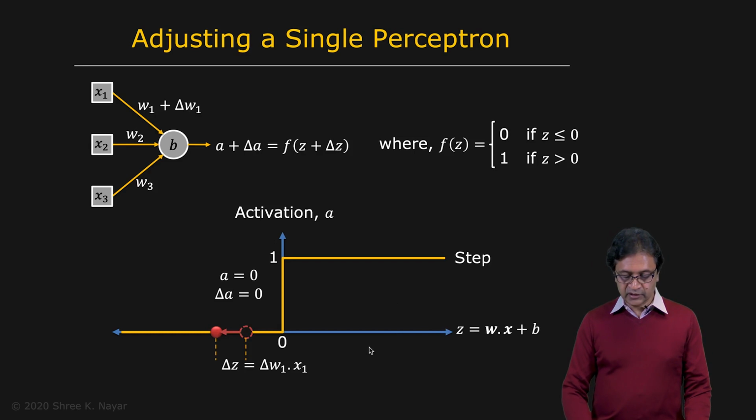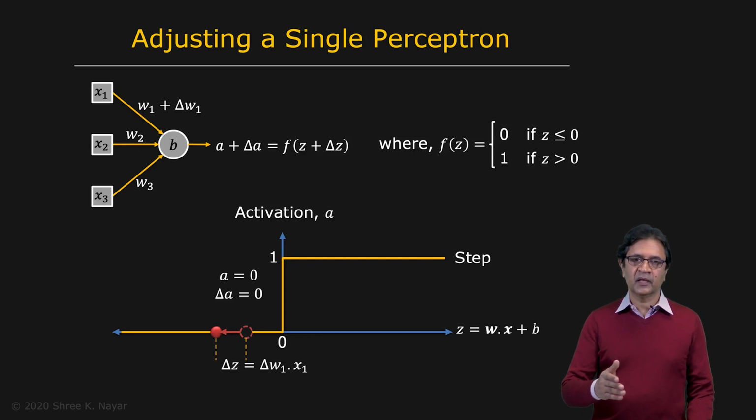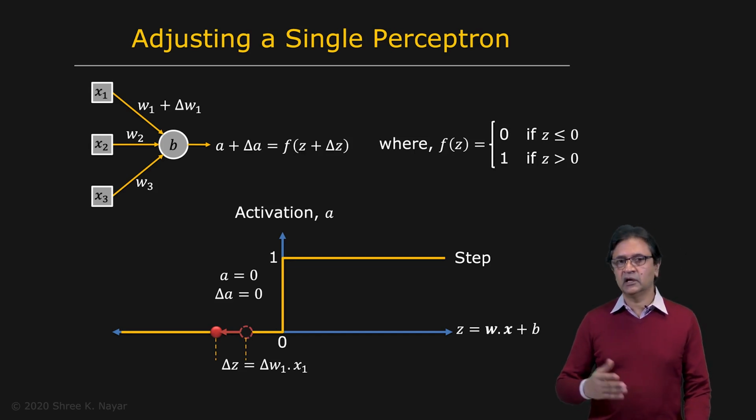And as a result of that, Z changes like so. But we see that the activation does not change. It was 0 before, but because Z is less than 0 and continues to be less than 0, the output remains completely unchanged. It's 0.